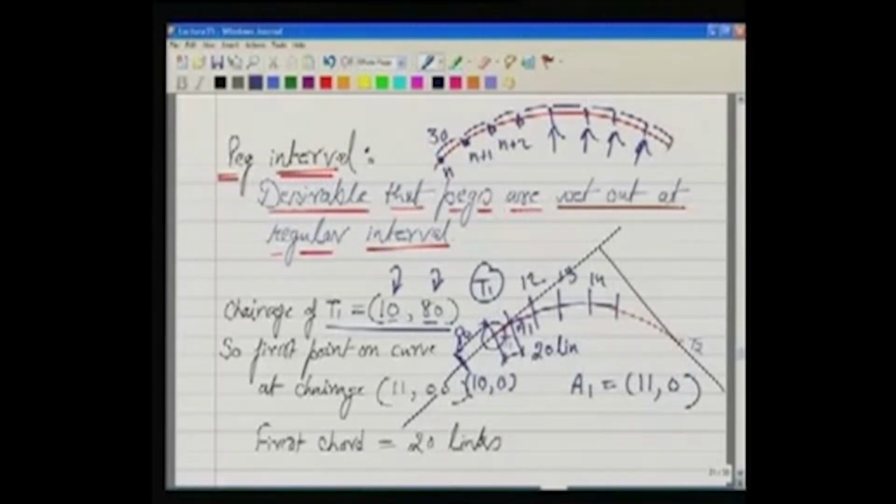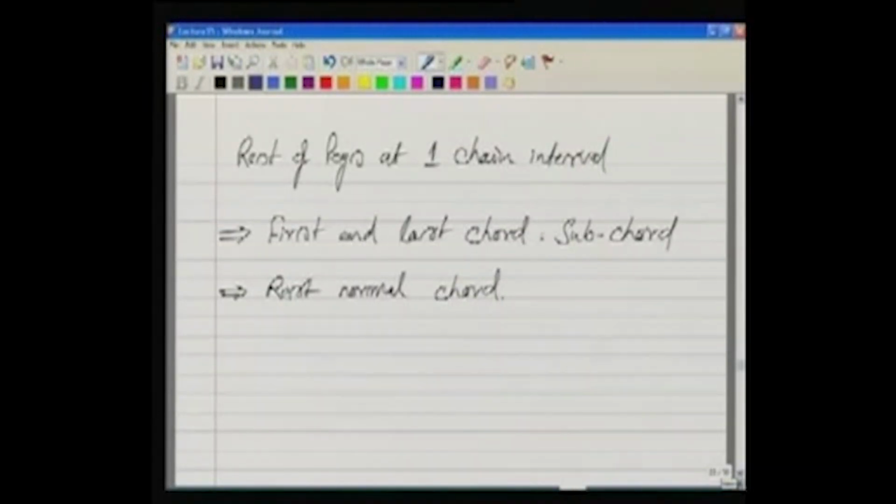Of course, depending upon the length of the curve, our last chord, or the last arc, can also be smaller than one chain length. So we see our first and last chords could be smaller. That's why we call them subchords, smaller than the full chain length or full length of the chord which we have taken, and the rest of them are normal chords.